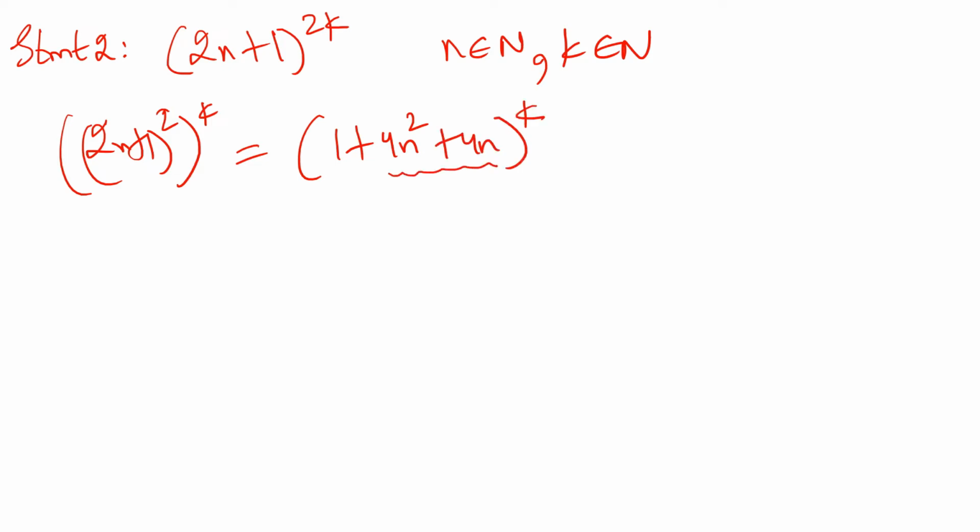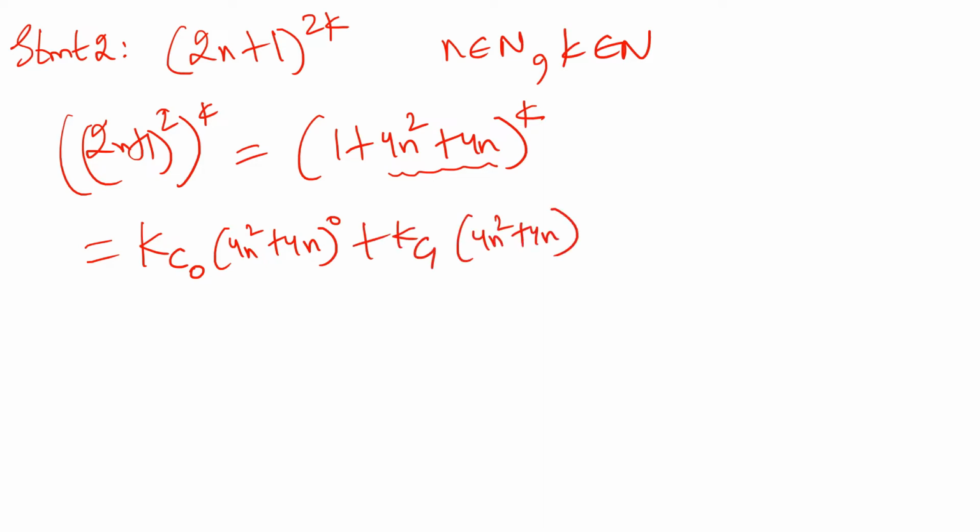Now I'll be treating this 4n square plus 4n as a single term, and when I use binomial theorem, it becomes kC0 into 4n square plus 4n whole power 0 plus kC1 into 4n square plus 4n, and so on till kCk 4n square plus 4n whole power k.